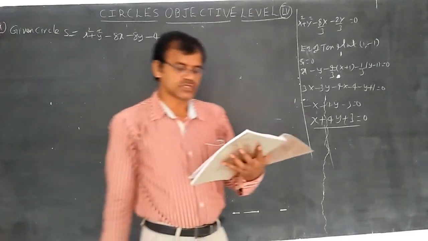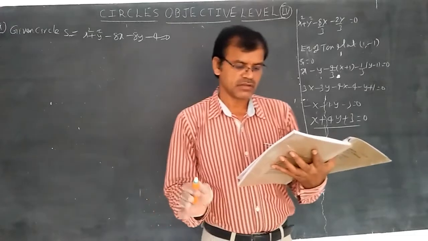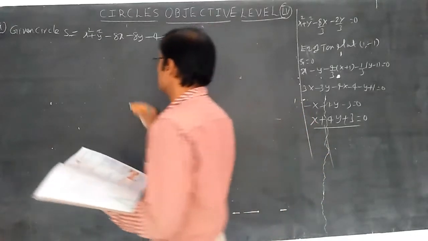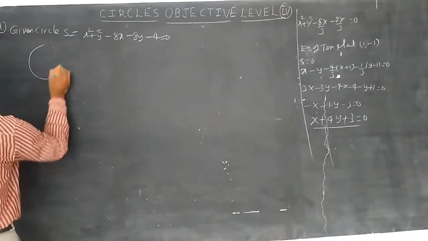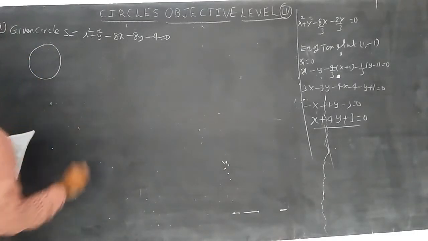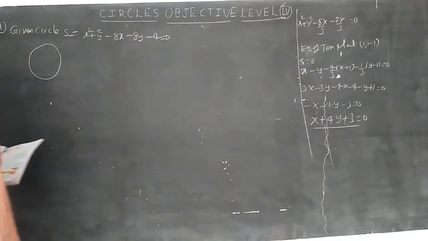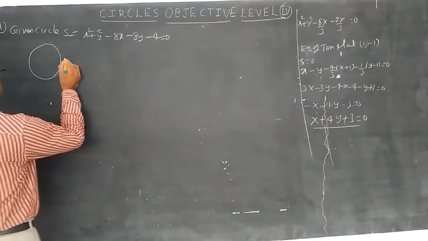The centers of those circles which touch the circle externally and also touch the x-axis lie on that. So the locus of the center is being asked.